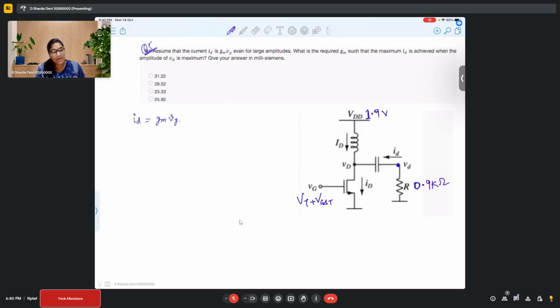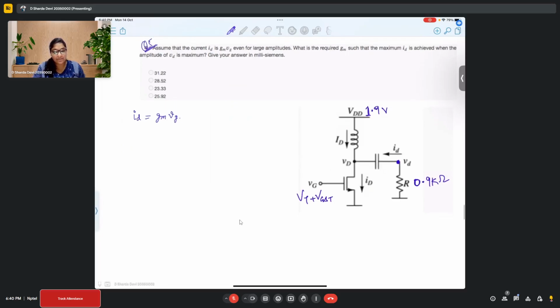What is the required value of GM such that the maximum ID is achieved when the amplitude of VD is maximum? So we have to find this GM such that we obtain maximum ID and maximum VD is there.